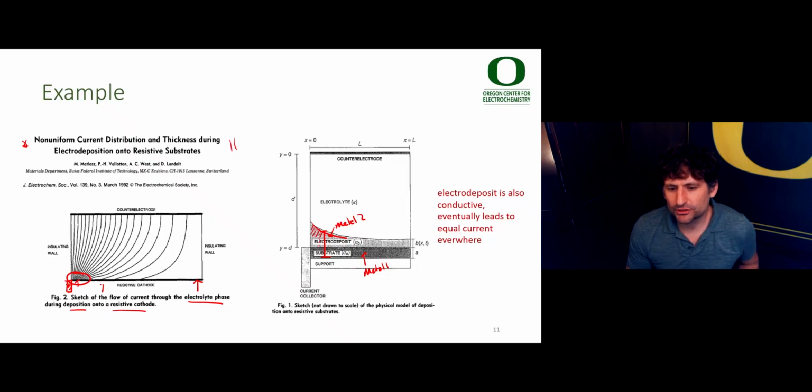And what this works to do is it actually reduces the resistance of getting the electrons out here, or conversely think about moving the current from out here back into the current collector as positive charge flowing. And by reducing that resistance, eventually you'll get to the point where the current distribution is actually equal everywhere. And that's because you've actually increased the thickness of your wire carrying the current at the bottom where it's carrying the most current. And so nature will work to make the current distribution uniform in this case.